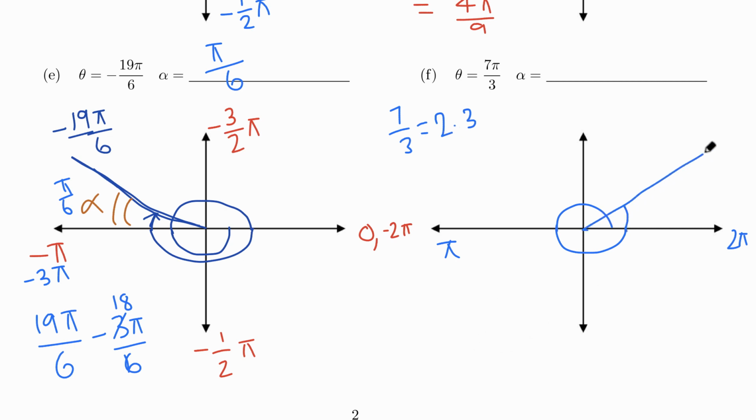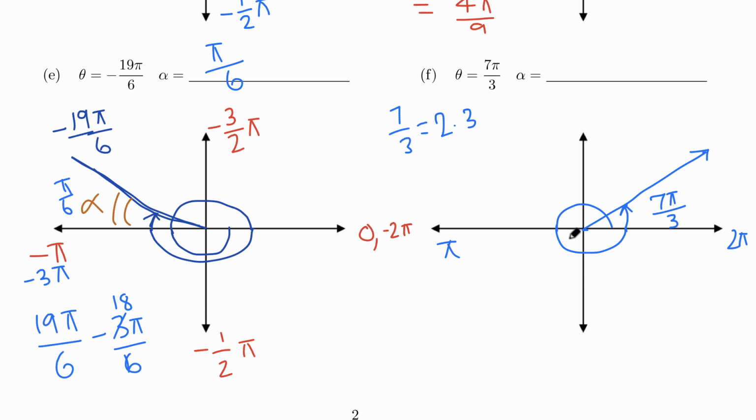And not 2.5. 0, half pi, 0.5 pi, 1 pi, 1.5 pi, 2 pi, 2.5, but this is kind of 2.3, so here. So this angle is 7 pi over 3, which is about 2.3.